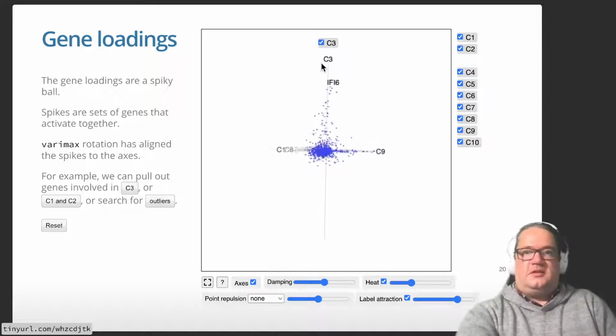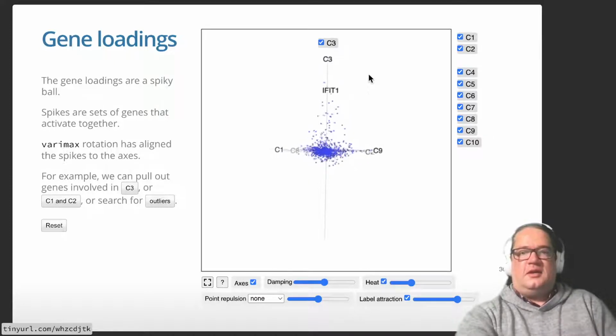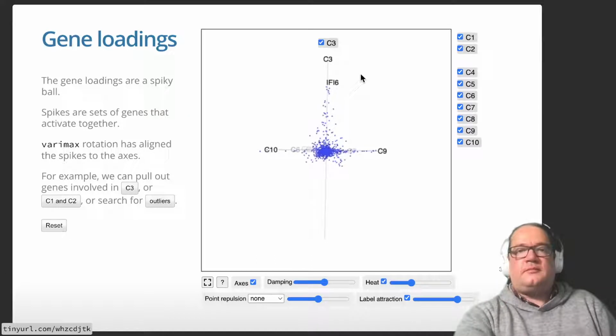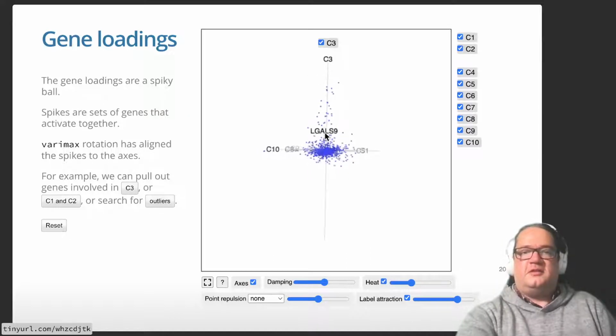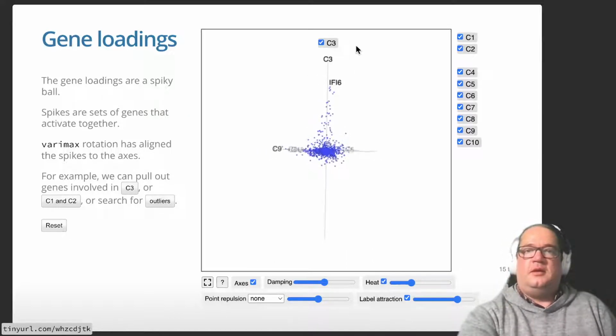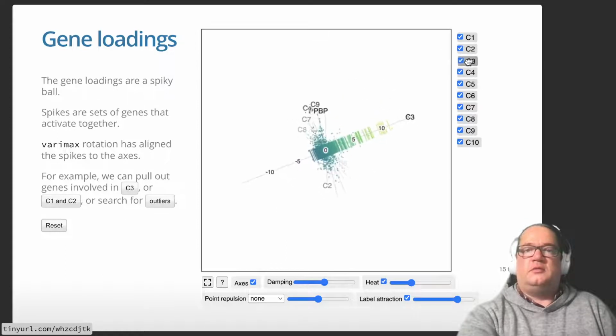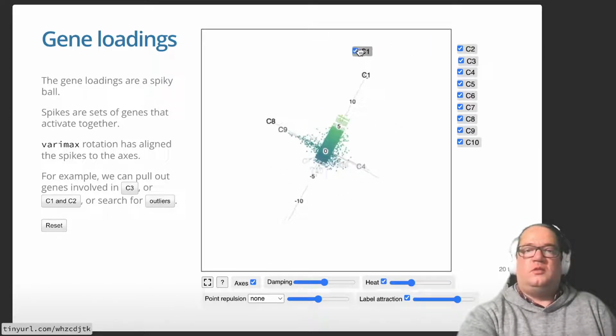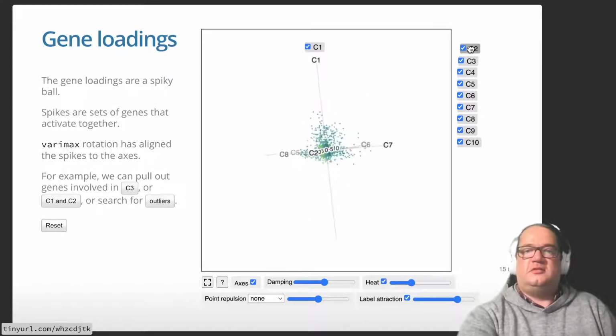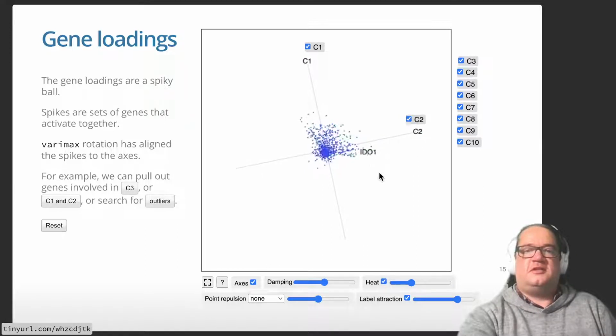So we can see C3, it's this particular spike in the loadings, and we can see the genes involved there. We might look at that C1 and C2 that were involved in monocytes. There's this interesting fan of gene expression between them.